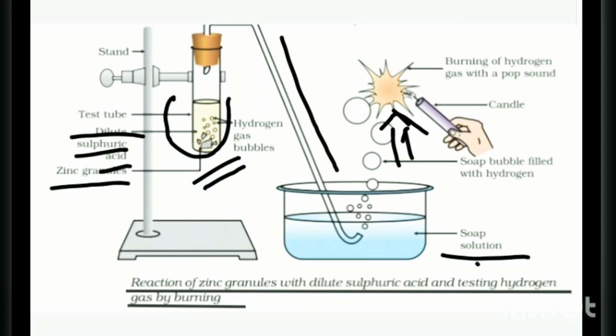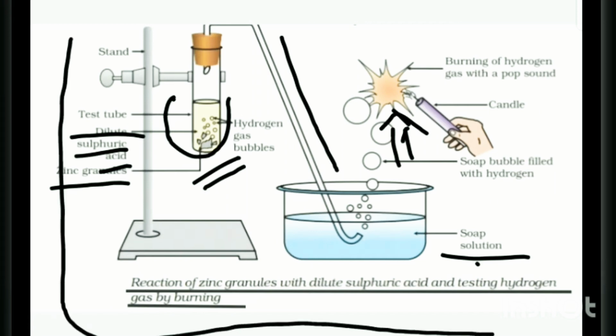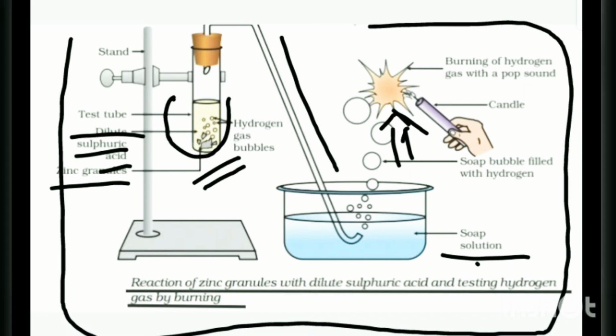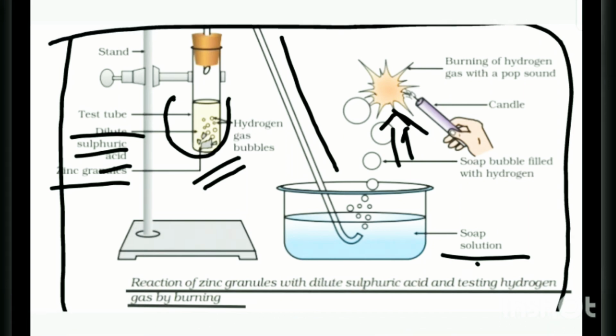The same way, hydrogen gas burns with a pop sound when it is brought to a candle whose flame is on. This experiment is carried out under very careful and precautionary measures.